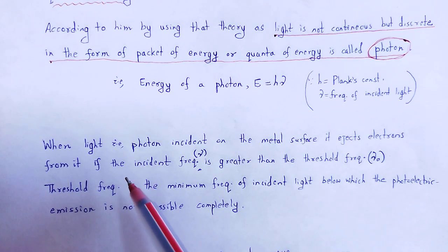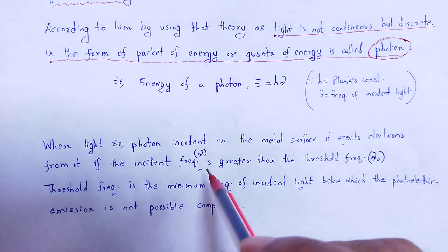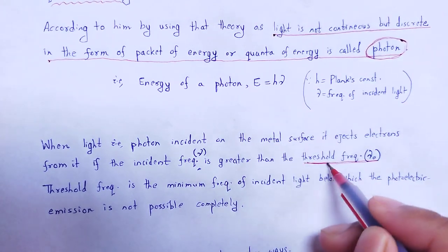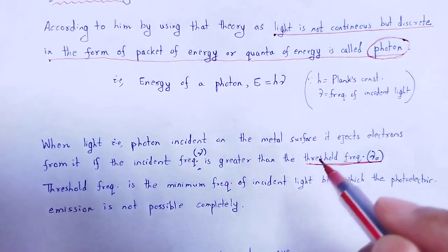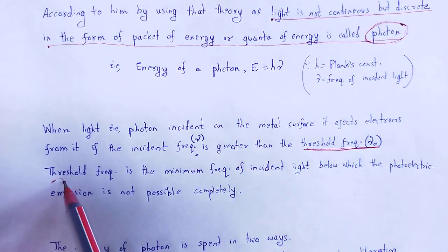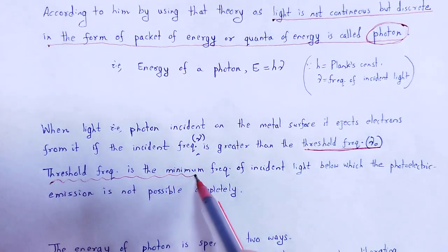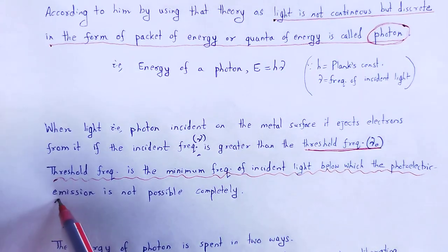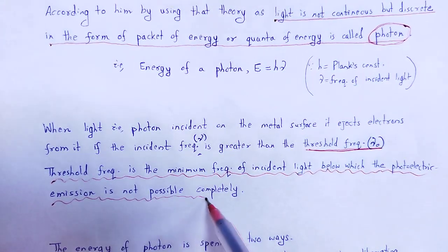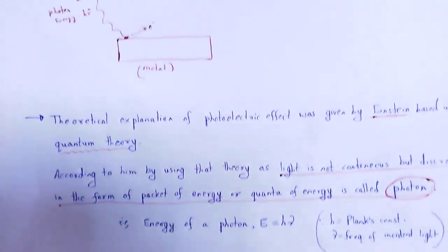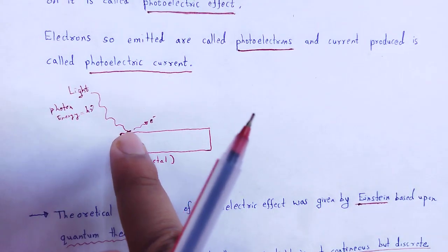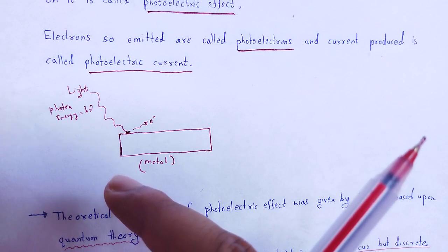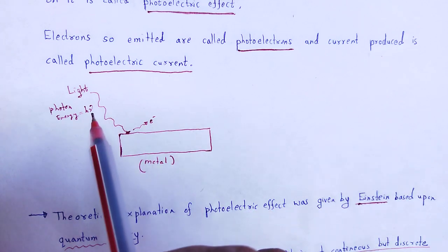The condition is that the incident frequency must be greater than a threshold frequency. What is threshold frequency? Threshold frequency is the minimum frequency of incident light below which photoelectric emission is not possible.